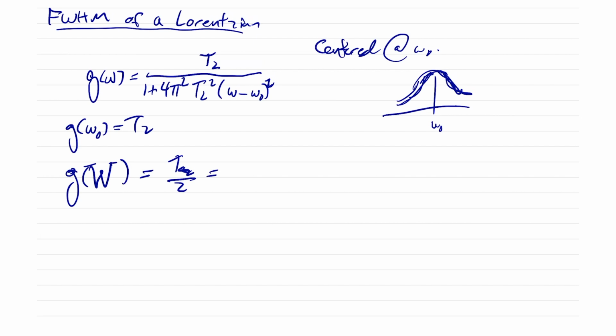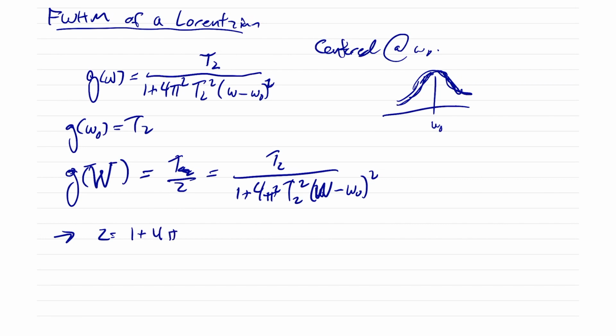So then it's going to give us T2 over 1 plus 4 pi squared T2 squared big W minus w naught squared. And so then that tells us that 2 is equal to 1 plus 4 pi squared T2 squared times big W minus w naught squared. And so you just keep working things out.